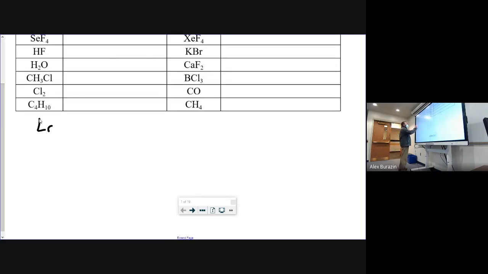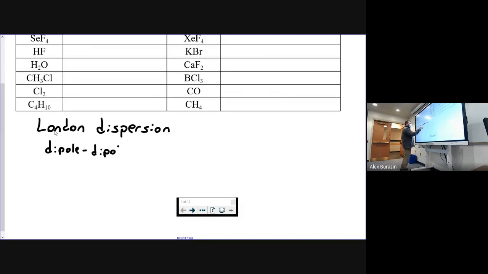We've got London dispersion forces. We've got dipole forces. And we also have hydrogen bonding. Okay?